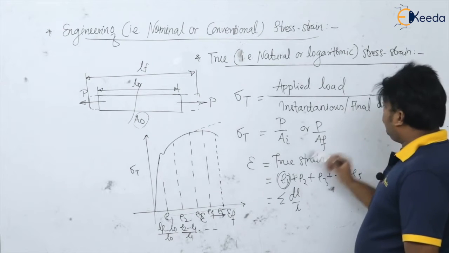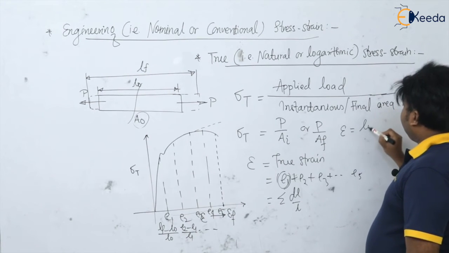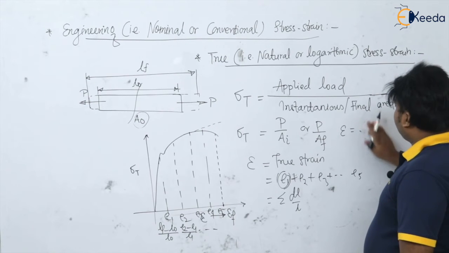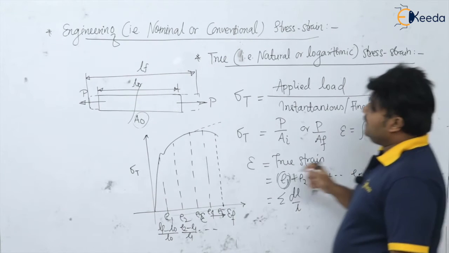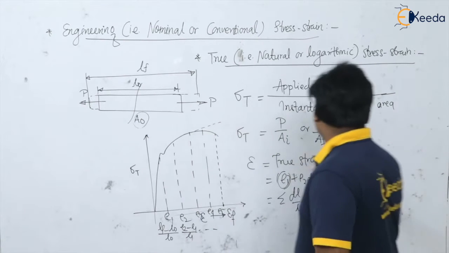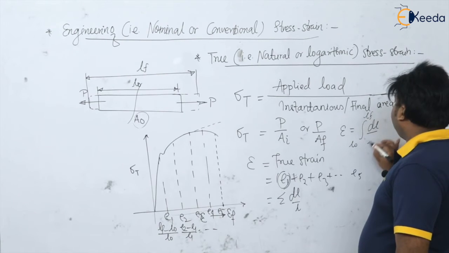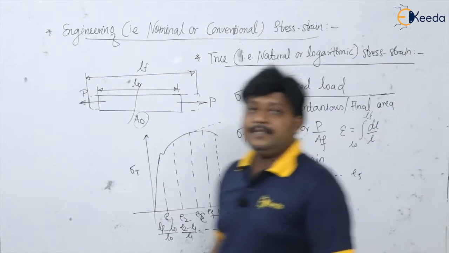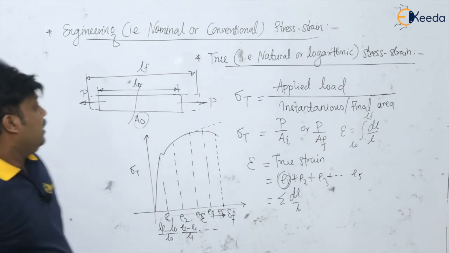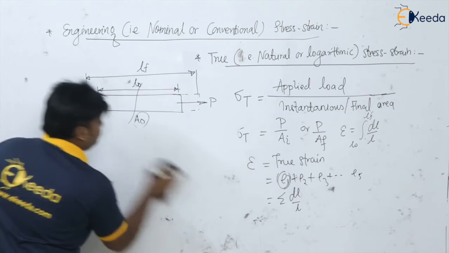So I can write it in the form of integration, that is epsilon is equal to the integral from L original to L final of dl upon L, isn't it? So I get the value for true strain.